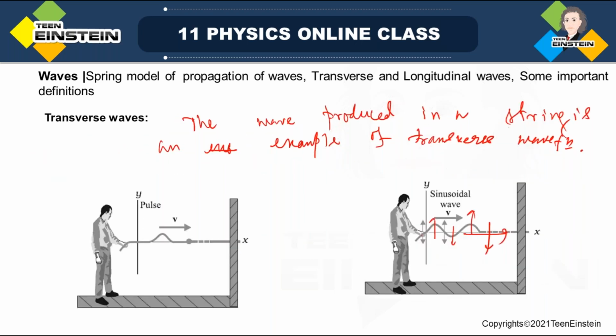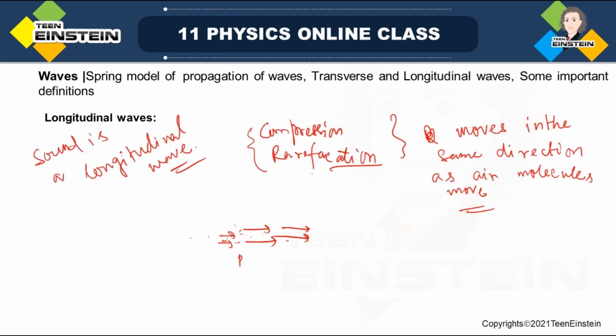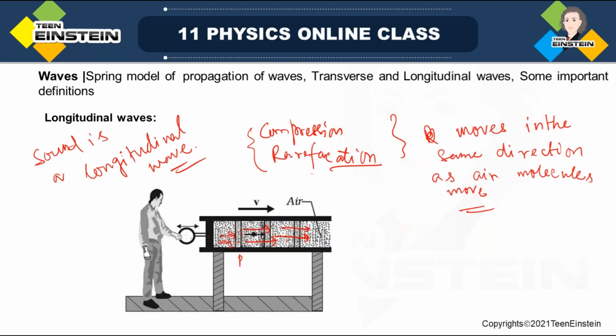In the transverse wave, the material particle oscillates in the direction perpendicular to the direction of propagation of the wave, and in longitudinal waves, the material particles oscillate in the same direction as the direction of propagation of the wave itself.